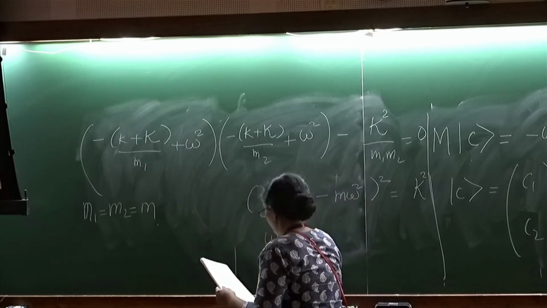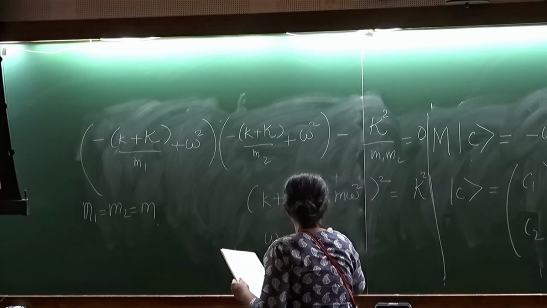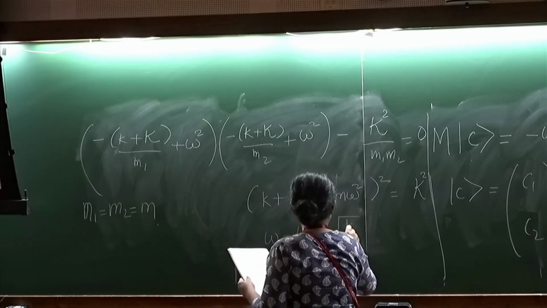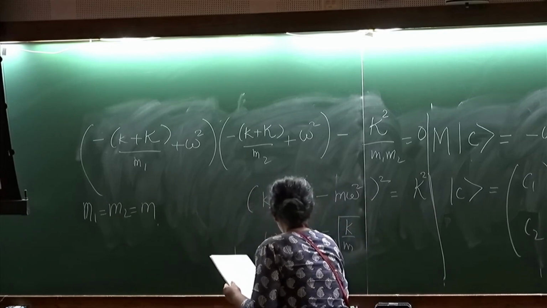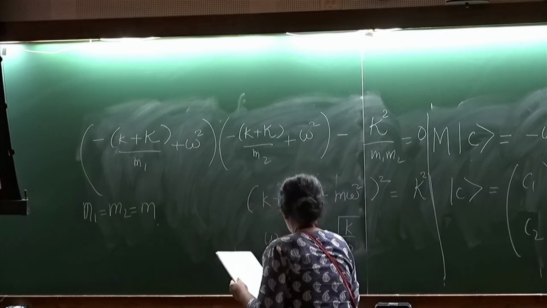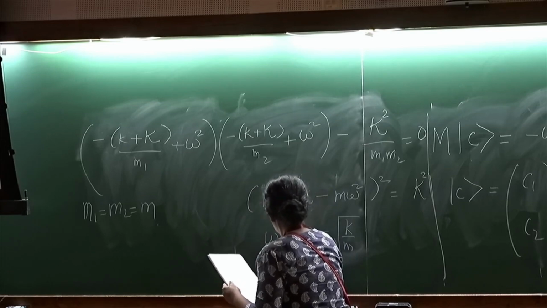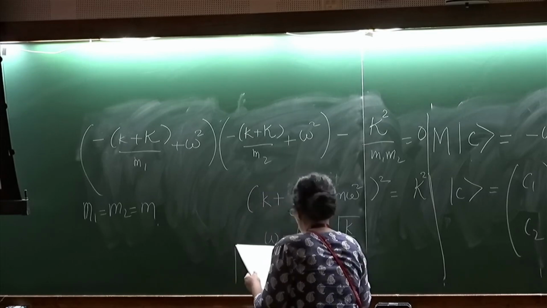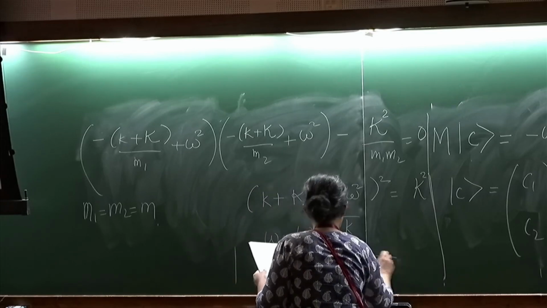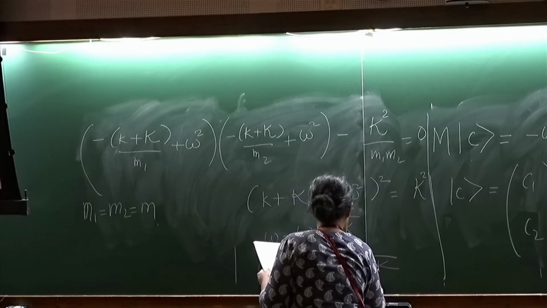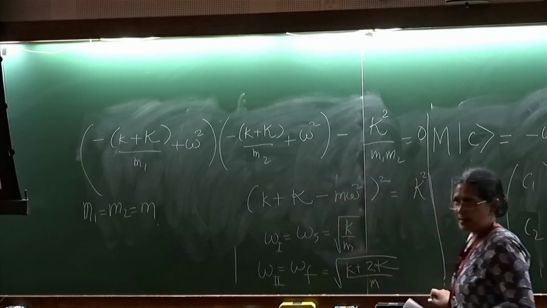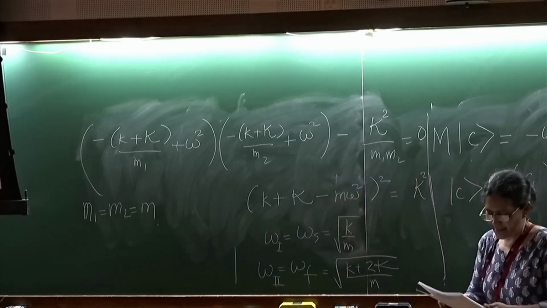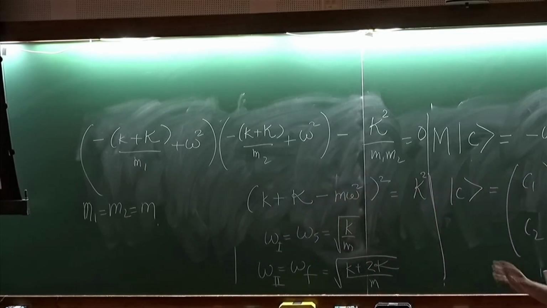And you can check for yourself that you recover those slow and fast frequencies. These are the two solutions, omega 1 and omega 2, the first and second solutions. So this is an explicit way of checking that this works out.